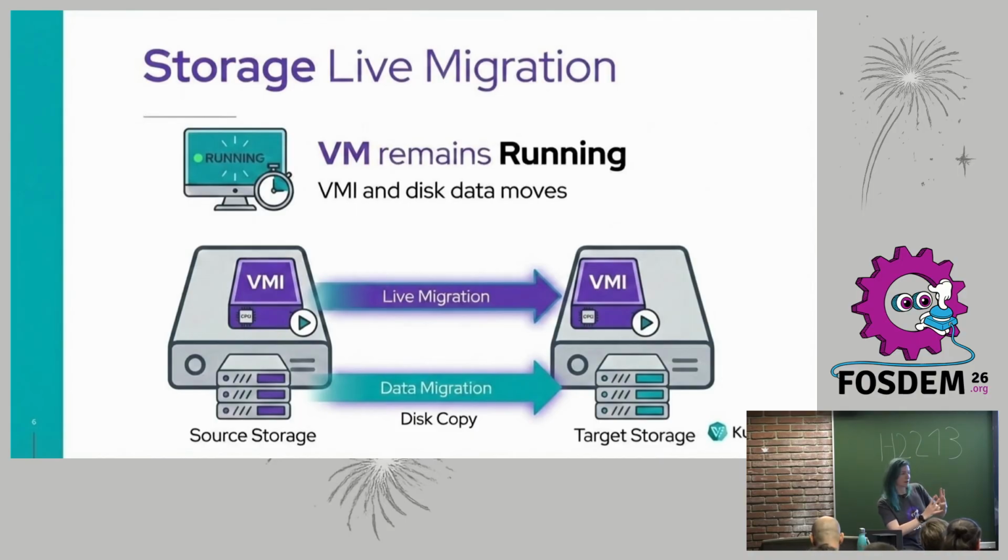When we do storage live migration, your VMI still moves from one node to another, but also your disk data needs to be copied from source to the target. It means that there is no point in time when you have two pods that need to use the same PVC.